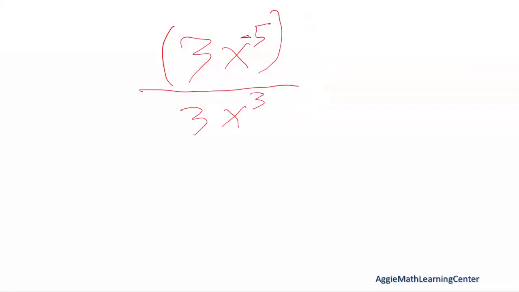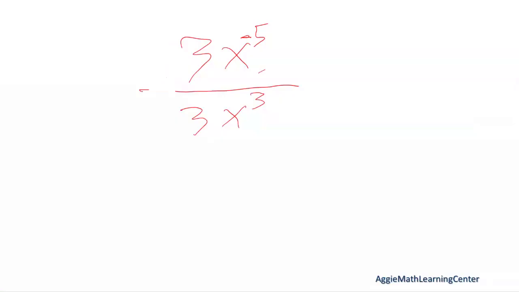Okay. Well, anything to the 1, like I said earlier, is just itself, so we can get rid of these parentheses. I've got to be careful so I don't erase anything else.